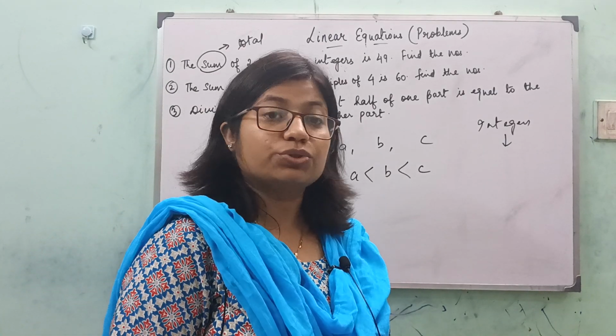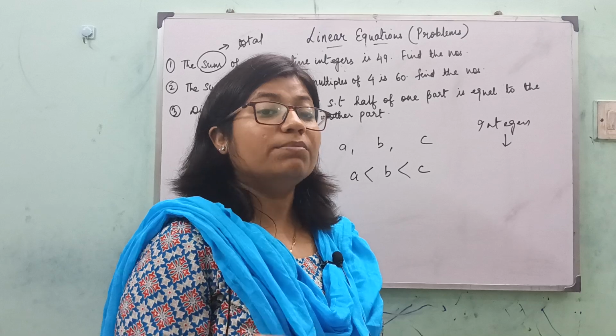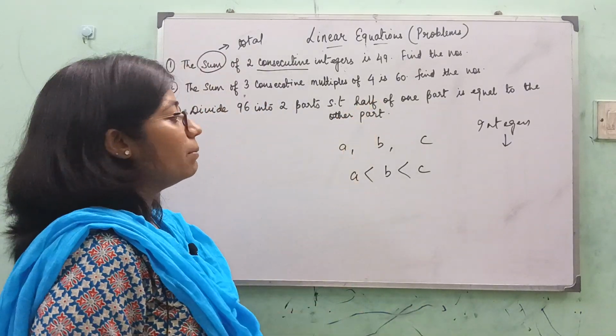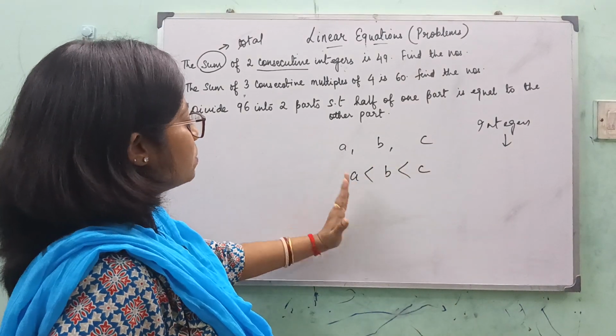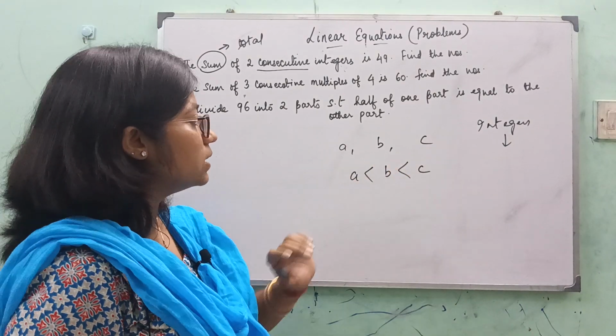Please go through them. Coming back to the sum, taking three integers A, B, C, A is the smallest one, B is the middle one and C is the third one.